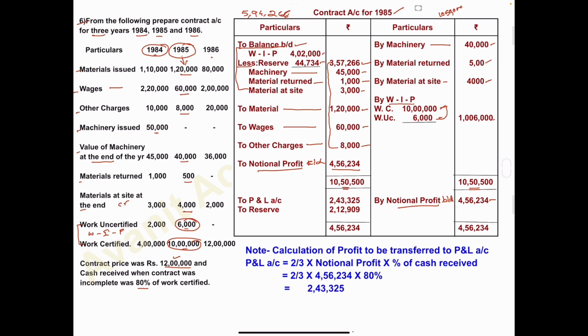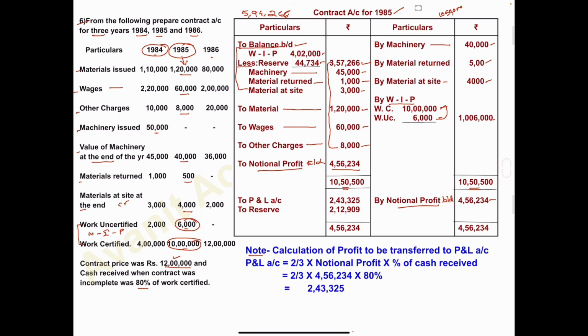So here contract price, the value of contract is 12 lakh, and in 1985 the work certified amount is 10 lakh, means it is more than half of the contract price. So we'll take the condition number 3 formula, that is 2/3 of notional profit is transferred to profit and loss account.